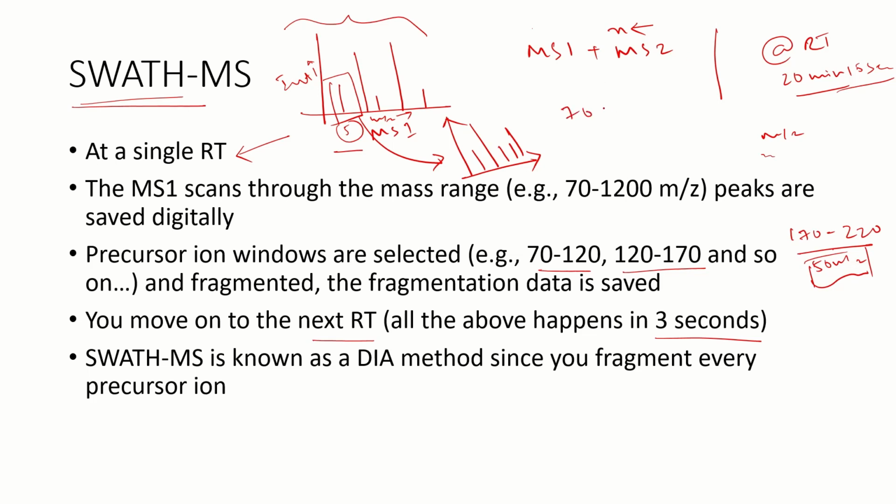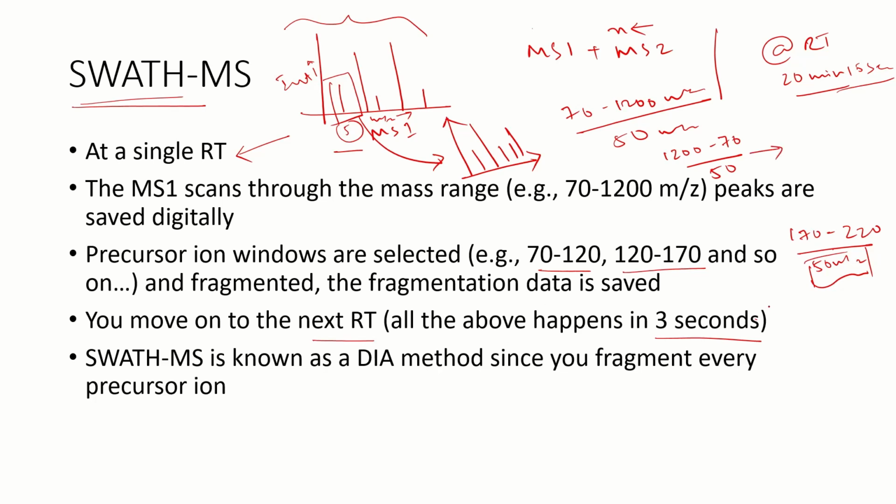For 70 to 1200 m/z, the number of windows will depend on the window size. So if it is a fixed 50 window size, then it will be 1200 minus 70 divided by 50 windows. You can calculate that on your own.